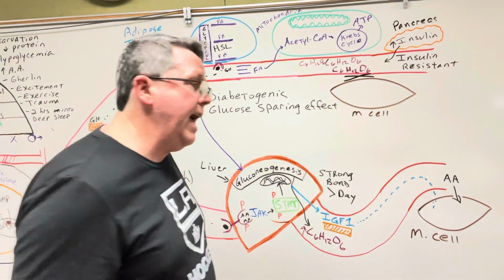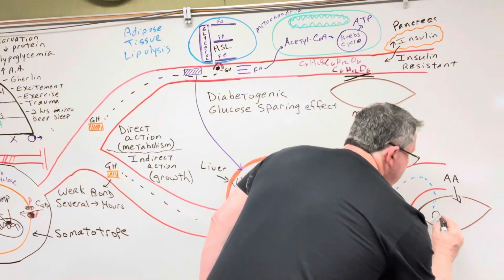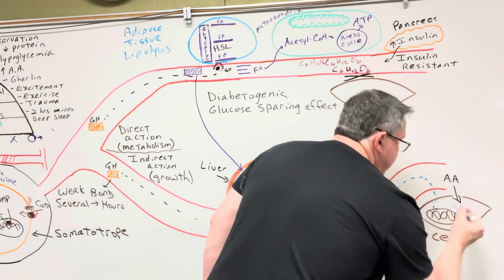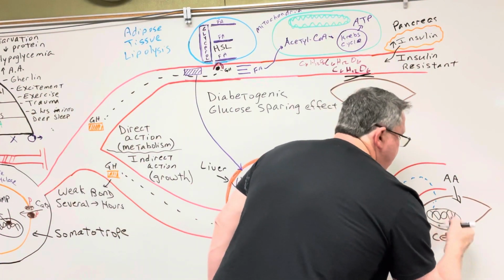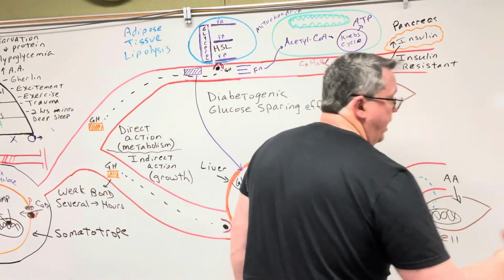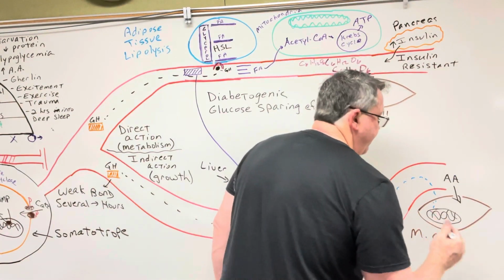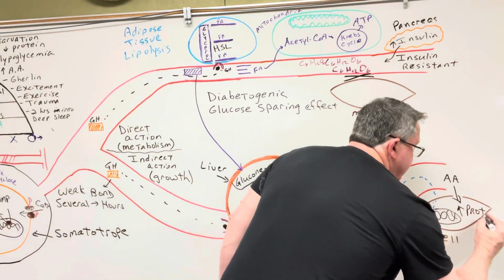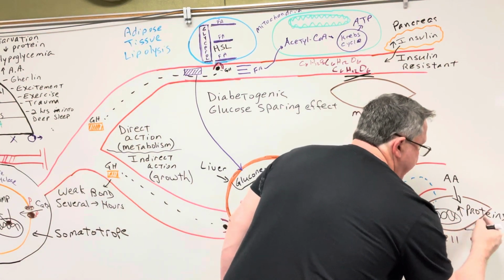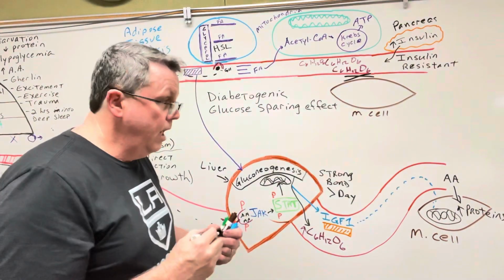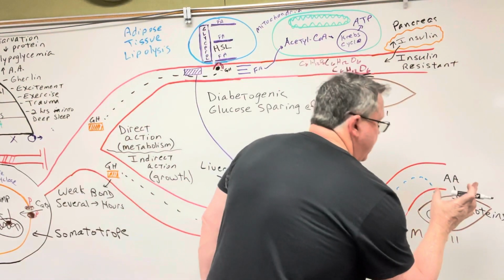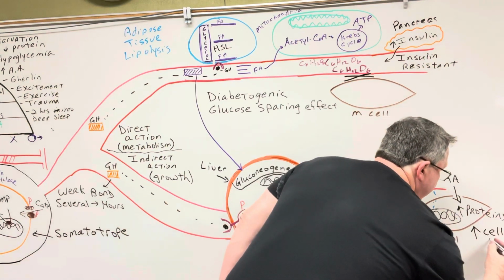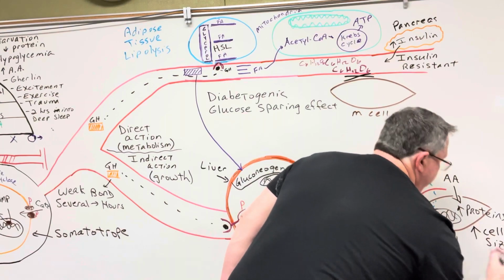But it's not only going to do that, it's going to also have it so that the DNA undergoes protein synthesis, right? So now I'm getting more amino acids coming in, and it's going to cause protein synthesis, it's going to increase transcription, it's going to increase translation, and overall, we're going to get an increase in proteins inside this muscle cell. Okay, so we get an increase of proteins inside the muscle cells. When we get an increase of proteins inside the muscle cell, it's going to increase the cell size, which is one of the things I said at the beginning it would do.